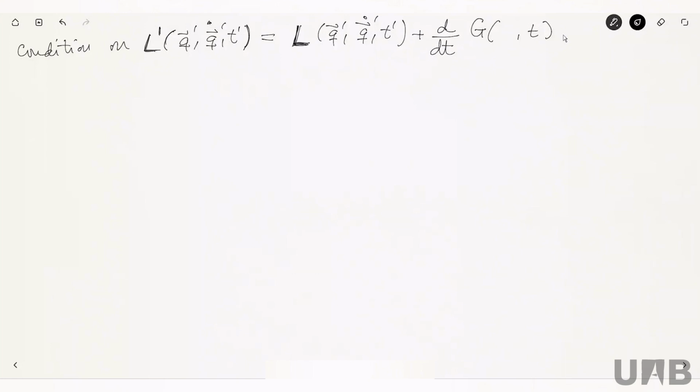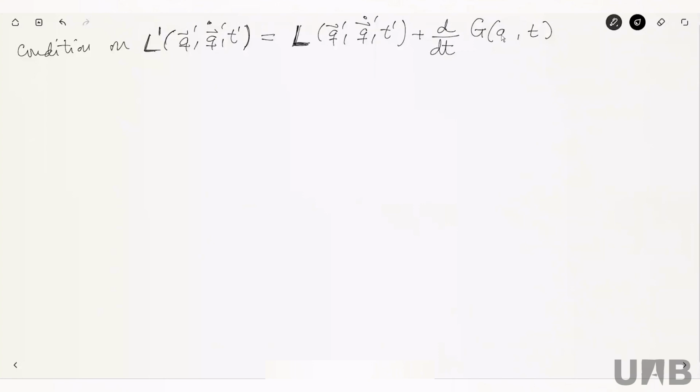I don't know. But we already discussed this thing, huh? What is the most general change I can make to a Lagrangian that does not change the action? It can depend on the Q's, but not on the Q dots.